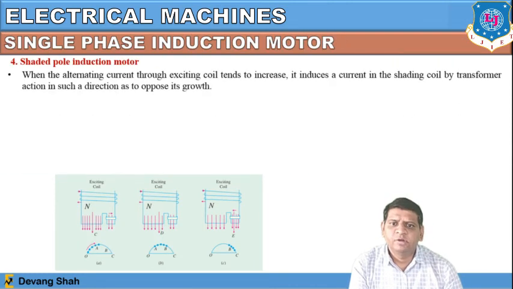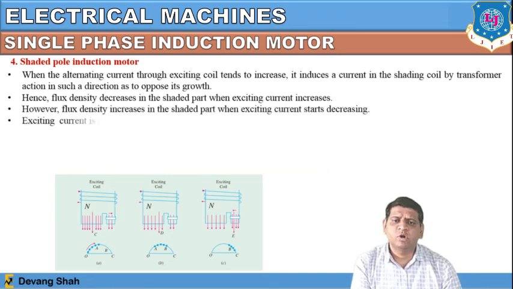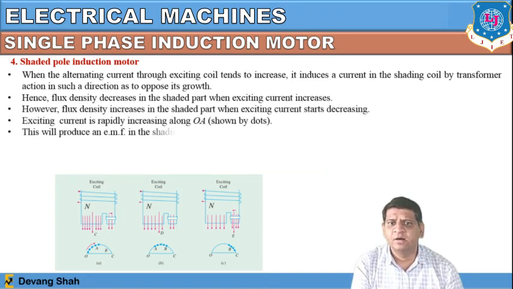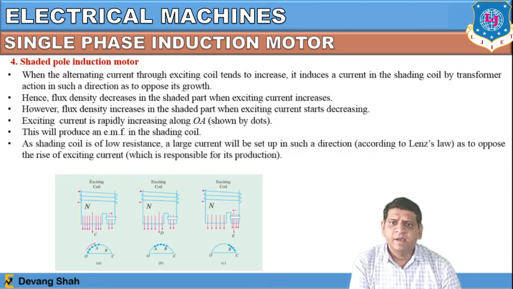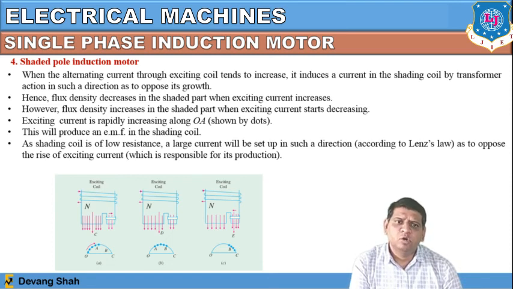Further, when the alternating current exciting this coil tends to increase, it induces current in the shading coil by transformer action in such a direction as to oppose the growth. This is the same as producing an EMF in the shading pole, and in this way the shading pole offers low resistance. Here the flux shifts from the non-shaded part to the shaded part, and in that way the rotor follows the speed of the rotating magnetic field.